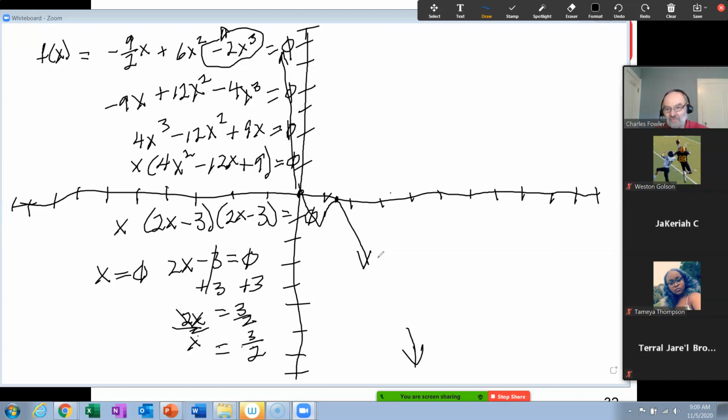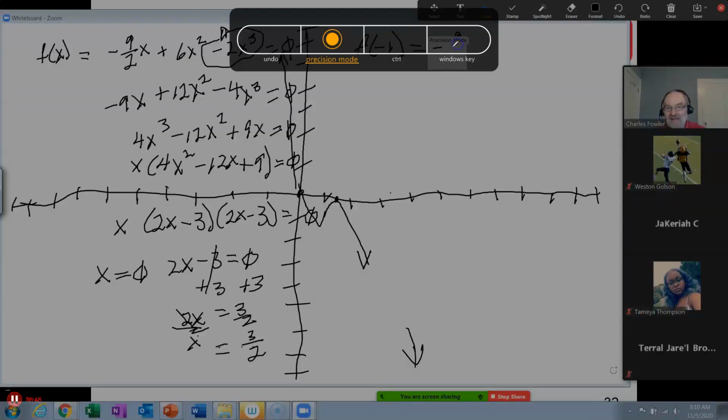So let's do some test points, test intervals. Let's do something to the left of our first zero, like -1. Now this one's a real pain in the neck, so let's see if we can do this one, okay? So f of -1 is going to be, go back to your original function here, that would be minus 9/2.